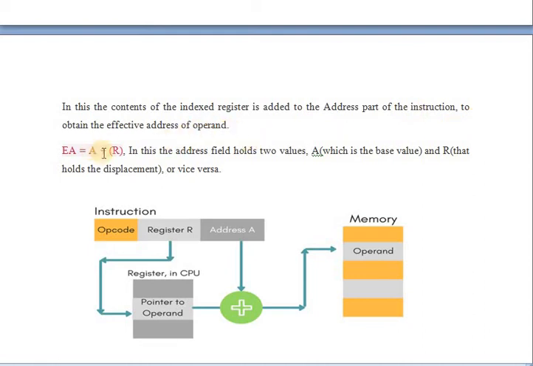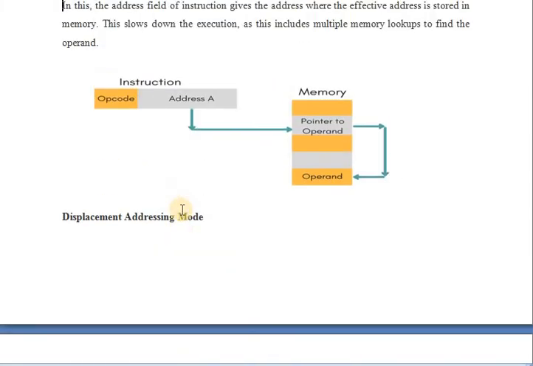So effective address equals address plus R, where the address field holds two values: A, which is the base value, and R, which holds the displacement. Before, the instruction had only opcode and address, but here you have added an extra register. That is the displacement addressing mode.